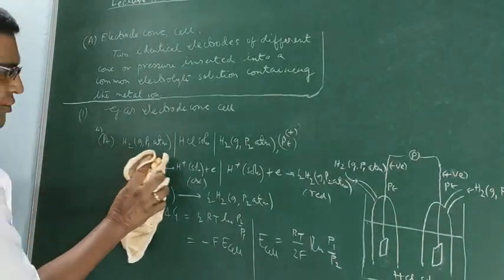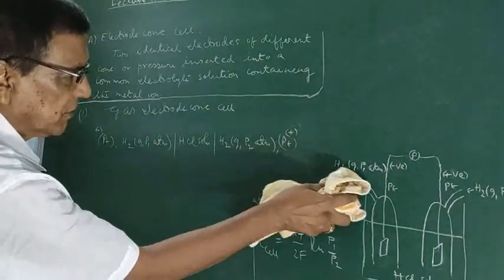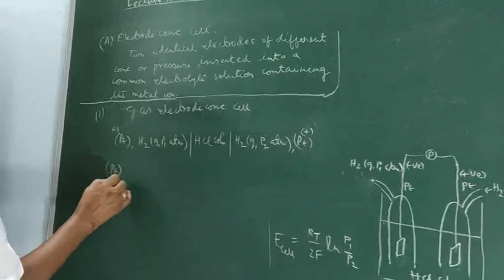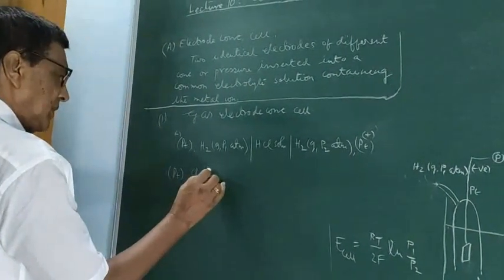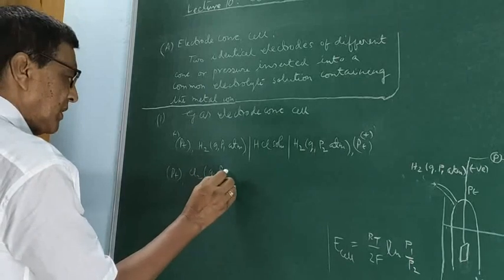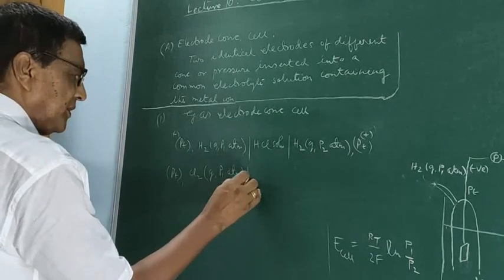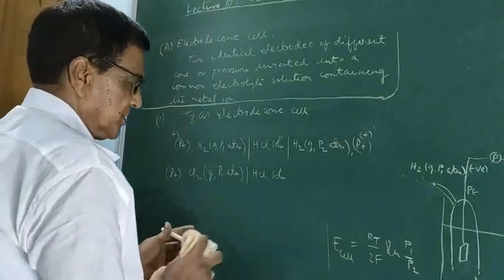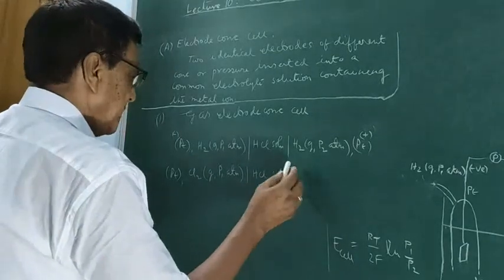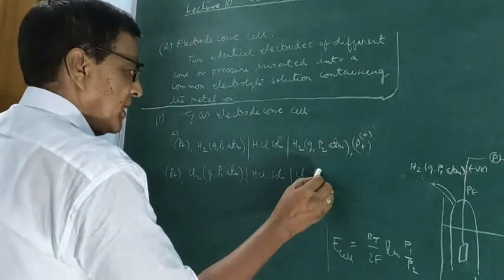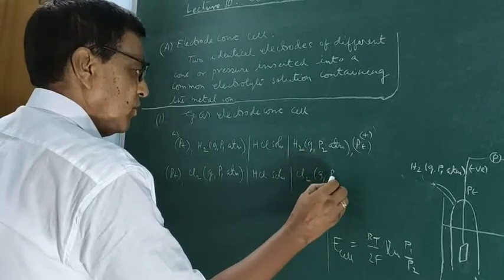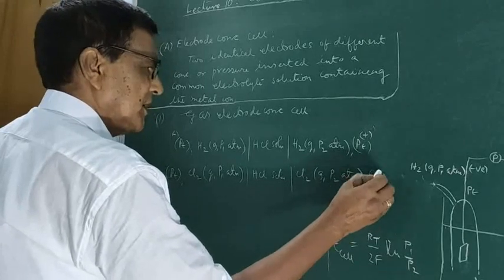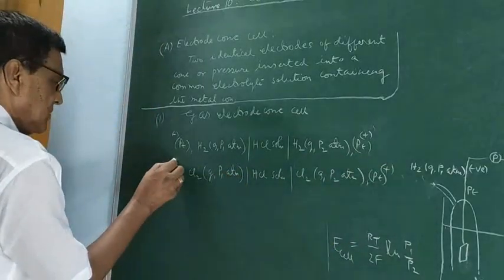Another type of gas electrode cell I can also mention: platinum and chlorine gas at P1 atmosphere, and here this may be taken as HCl solution or another potassium chloride solution which contains chloride ion, and here Cl2 gas at P2 atmosphere, and here platinum as the contact metal, this one is the positive and this one is the negative.